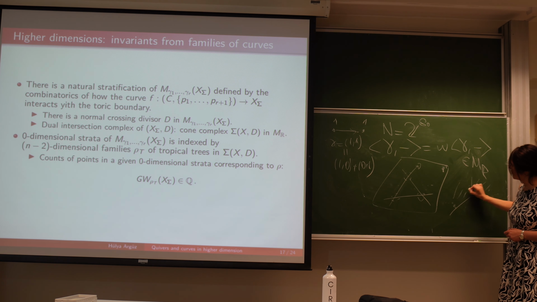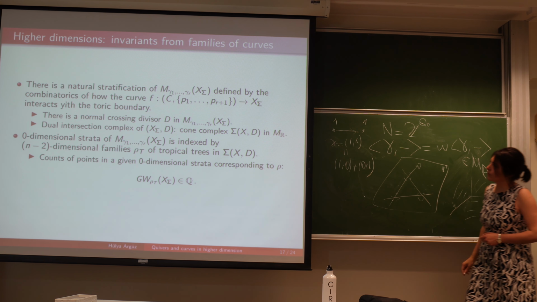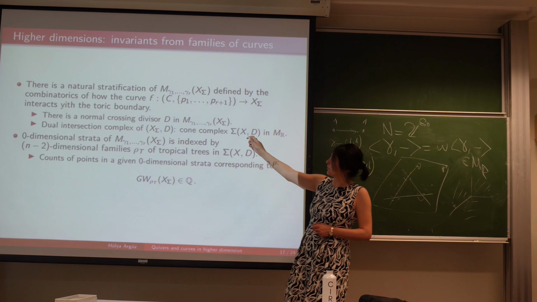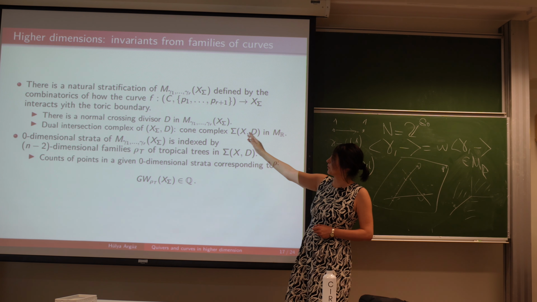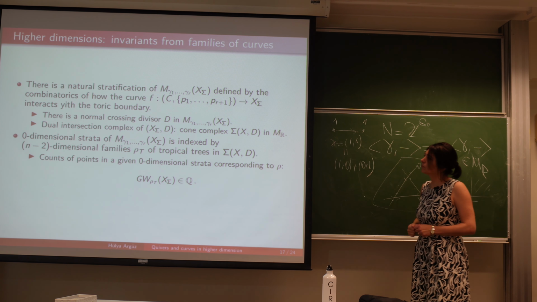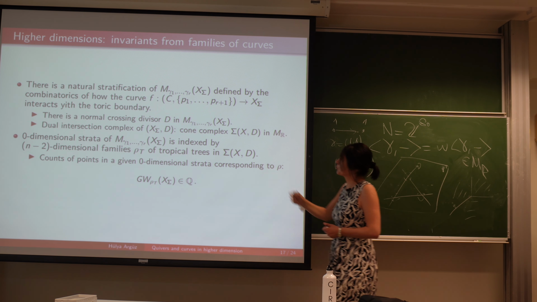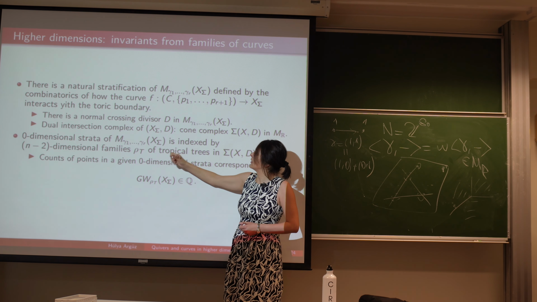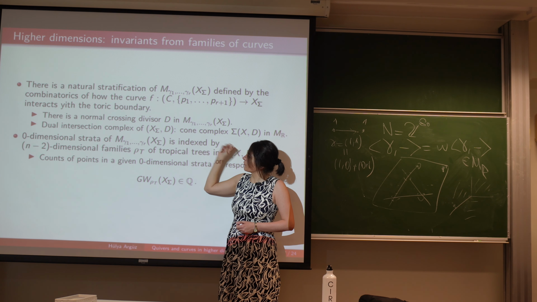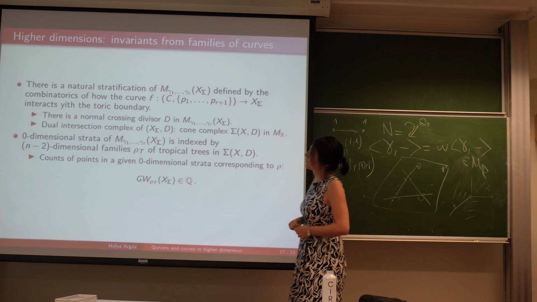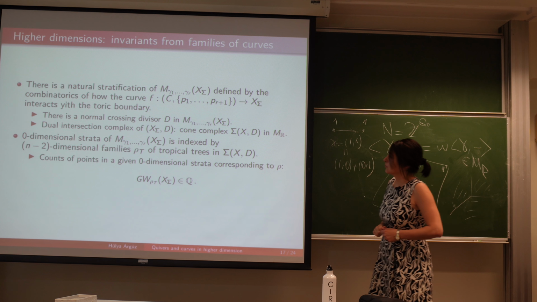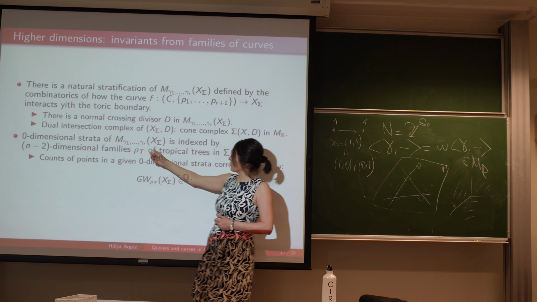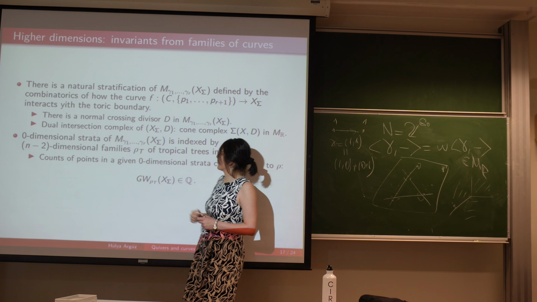So if you have a toric variety, then with the toric boundary divisor, this will be the toric fan. Generally, and for your moduli space or for any space where you have a divisor, you can talk about this cone complex, which we call the tropicalization. And then you can look at the 0-dimensional strata of your moduli space, which we're interested in counting.